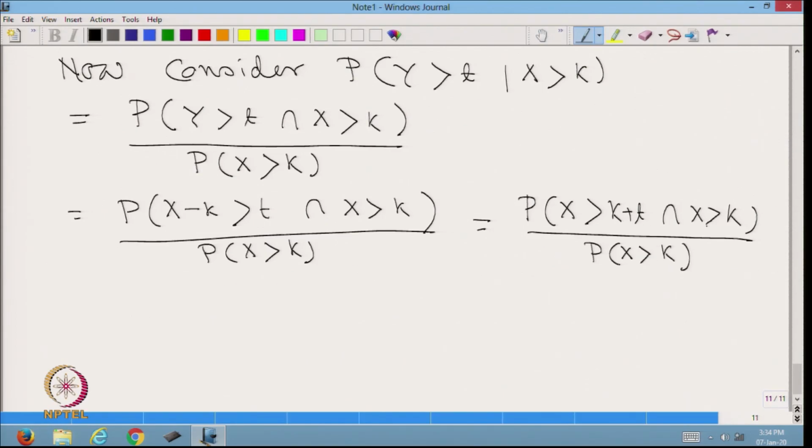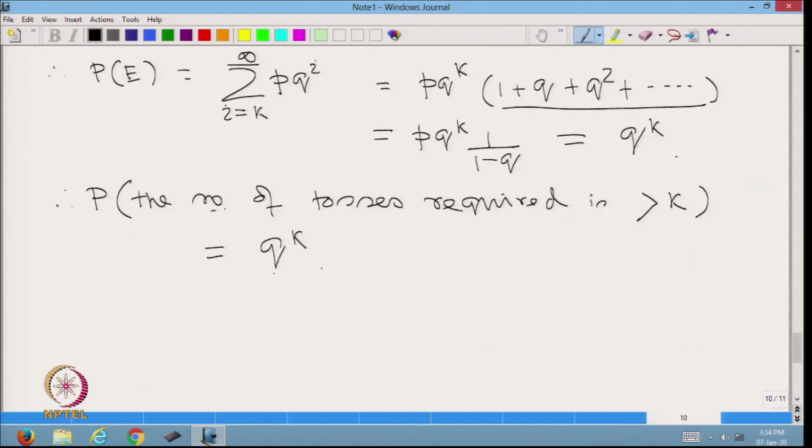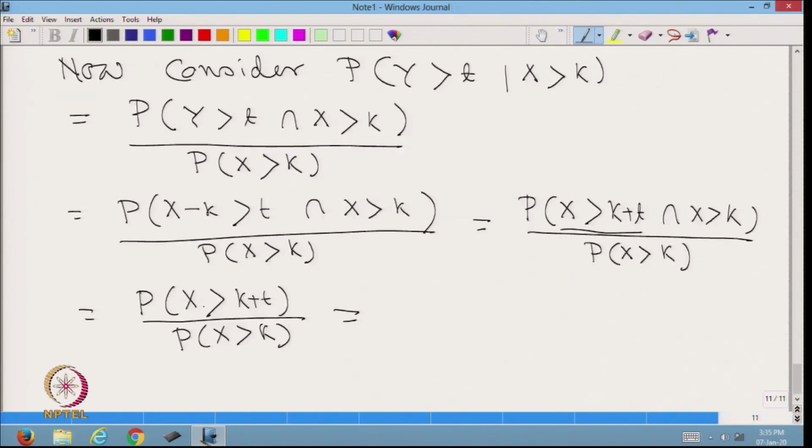Now, the intersection of these events is just X greater than k plus t. Therefore, this is probability X greater than k plus t divided by probability X greater than k. We have already calculated probability X greater than k to be q to the power k. Therefore, this is q to the power k plus t divided by q to the power k, which is equal to q to the power t.